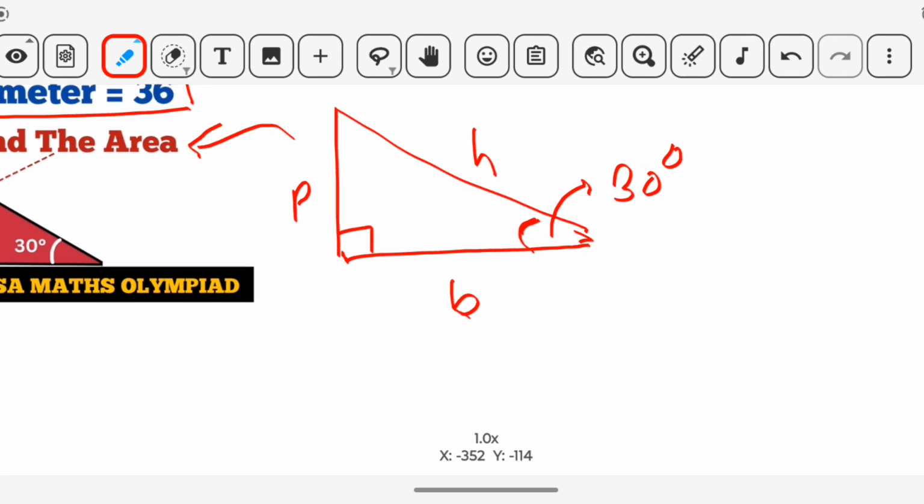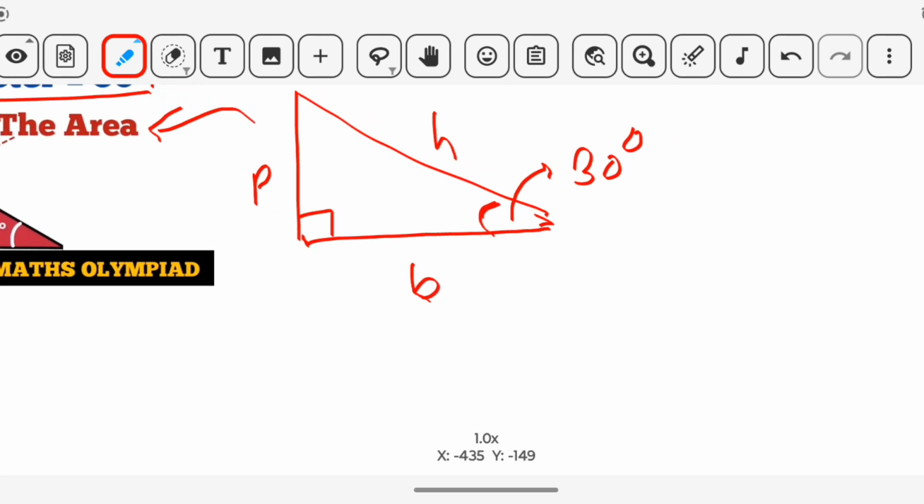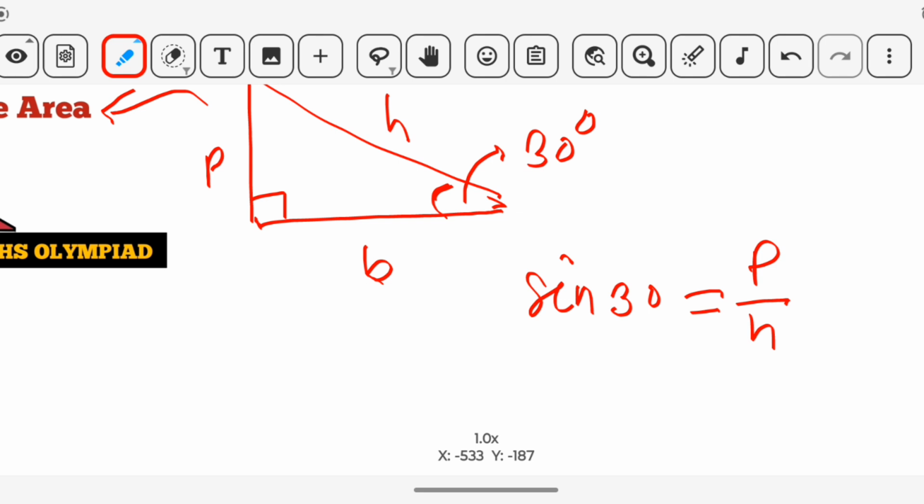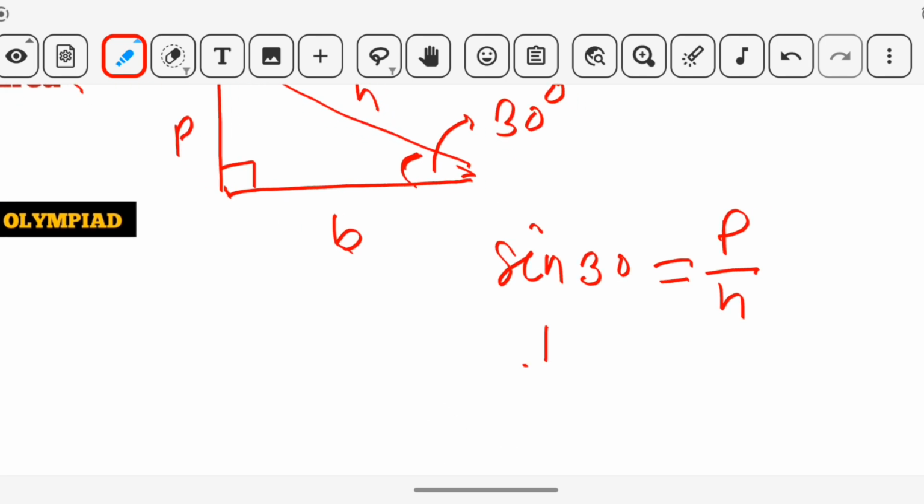Easy. So let's use the trigonometry formula: sine of 30 degree equals P by H, that is perpendicular divided by hypotenuse. We know sine of 30 degree is 1 by 2.